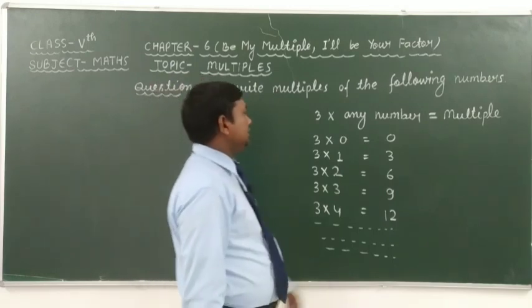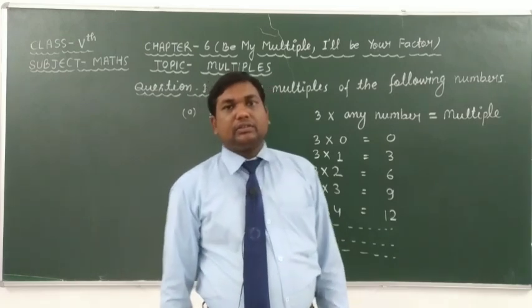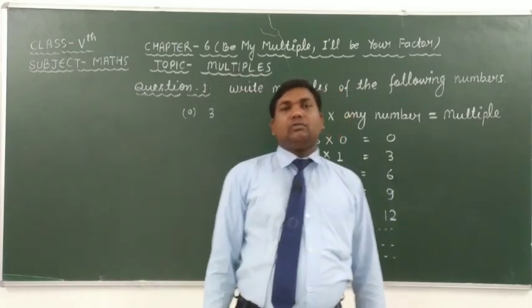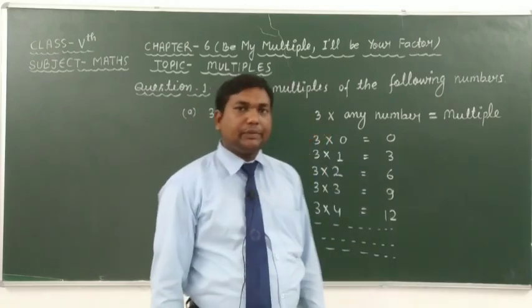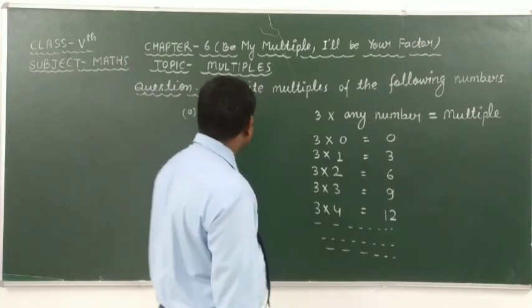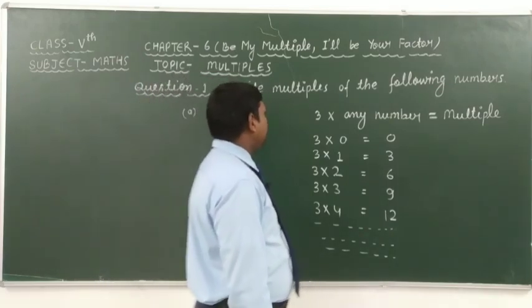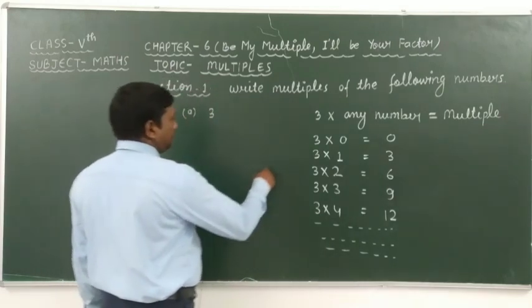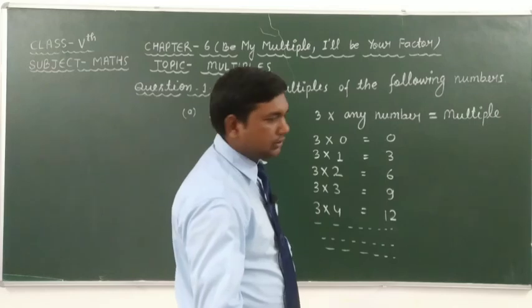Then the answer is 3, 6, 9, 12, 15, 18, 21, 24, 27, 30. Here we can write 10 times. The multiples of 3 are 3, 6, 9, 12 and so on.